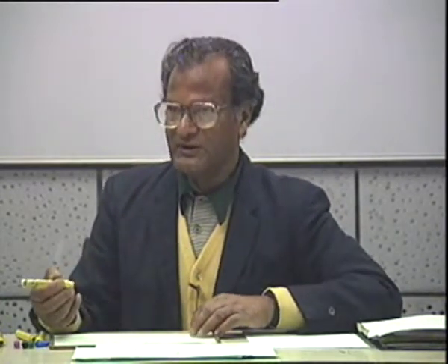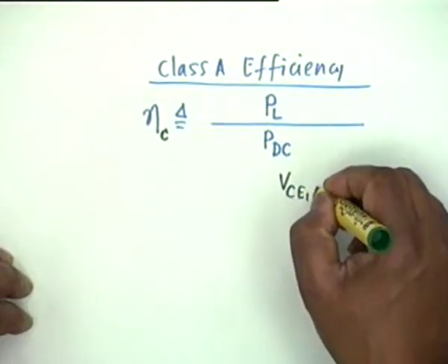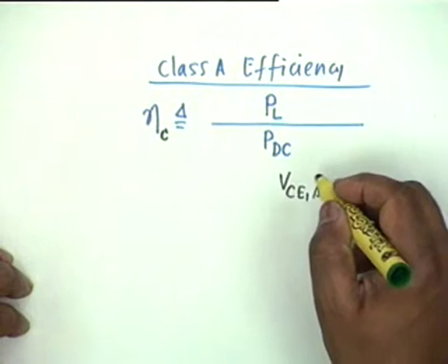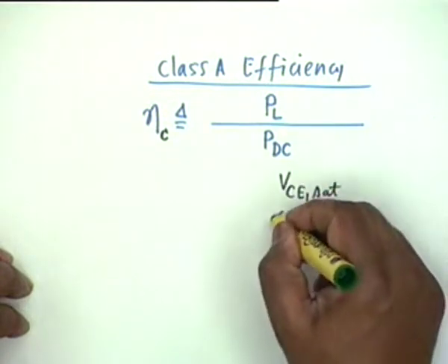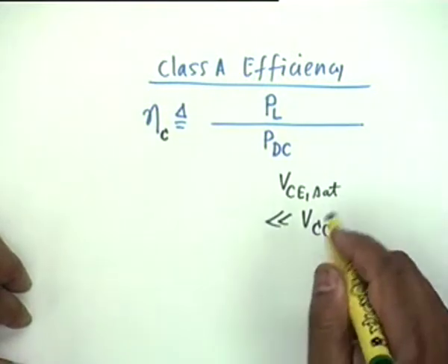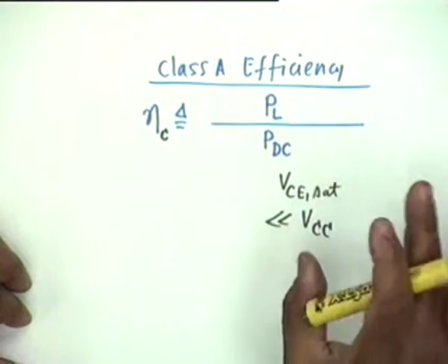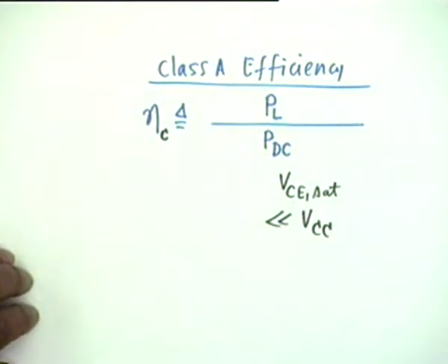In any case, we shall ignore all other transistors. We shall also ignore in our calculation, very conveniently, VCE set. We will assume that VCE set is much less than VCC. It is true in practice, 15 and 0.2, and therefore it can be ignored. That will keep our calculations simple.